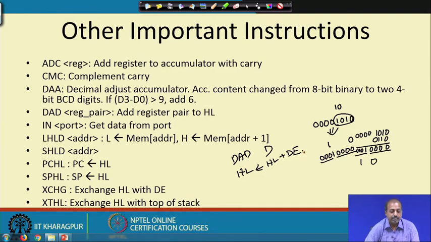Then there is the LHLD instruction. So, LHLD with some address. In that case the L register gets the content of the memory location which is given in this address.